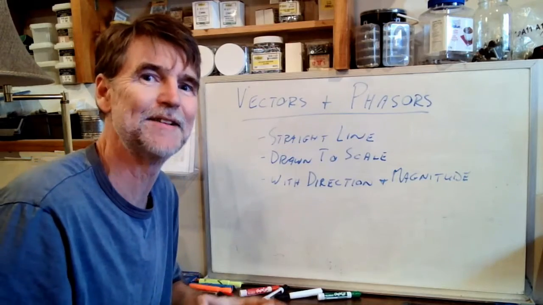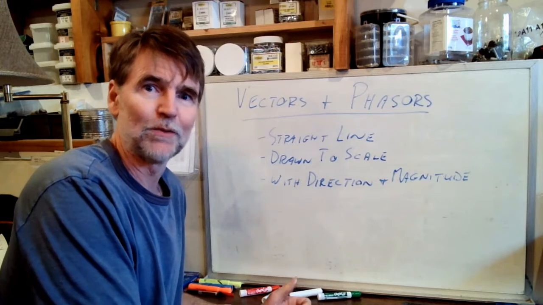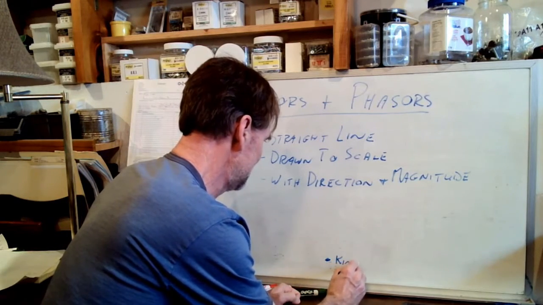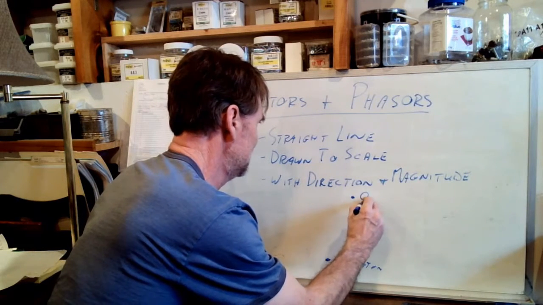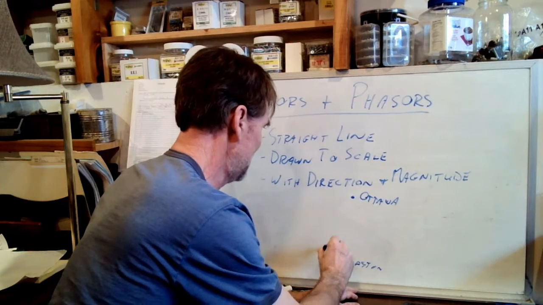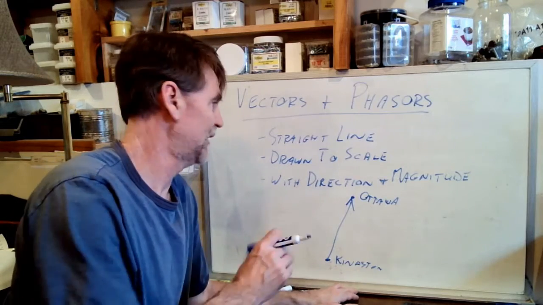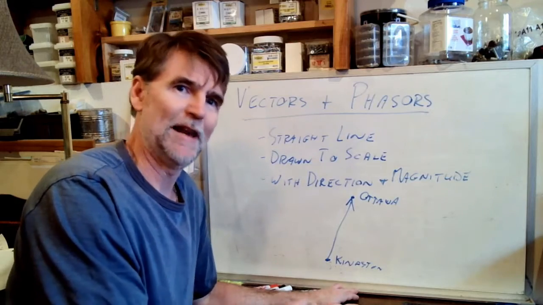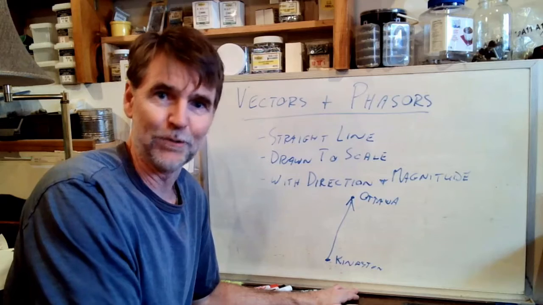Okay, so it has meaning. And we can draw a vector to represent anything. So if this is Kingston and this is Ottawa, I can draw a vector and say that to get from Kingston to Ottawa, it's, I don't even know the kilometers, about an hour and a half drive in a northeasterly direction.